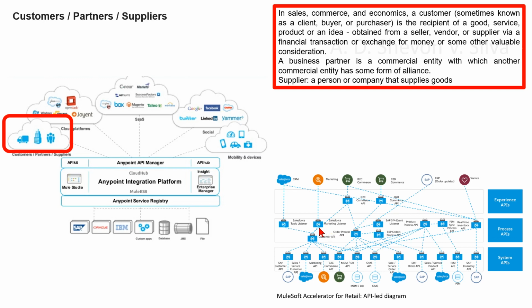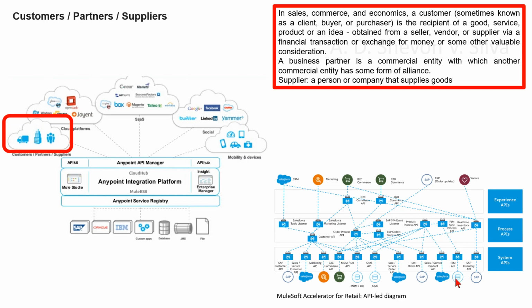Here the Salesforce marketing listener interacts with marketing, and the SAP S4 event listener interacts with the order process API and SAP ERP order updates. Here the ERP order API, OMS API, MDM DB API, B2C commerce API, and Sales Service product API interact with the product process API, and the product process API interacts with the PIM sync process API.